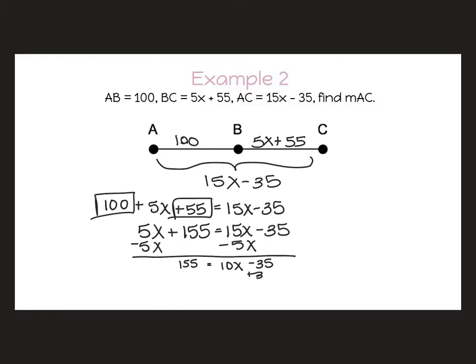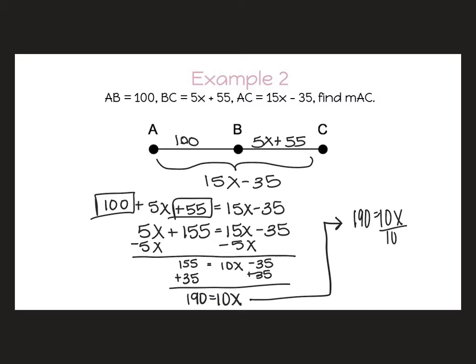Add 35 to both sides. That would get me 190 equals 10x. If I divide both sides by 10, x would be 19.